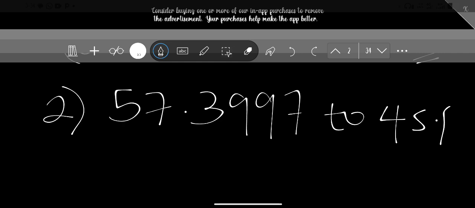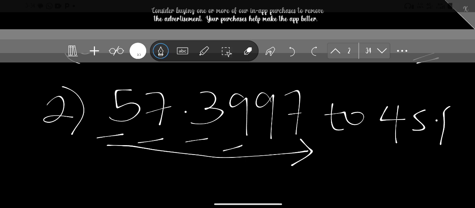It simply means that, counting from the left to the right, we're going to keep the first 4 digits that are non-zero. So we have 1, 2, 3, and 4, that is 5739. Those are the four digits we want to consider.